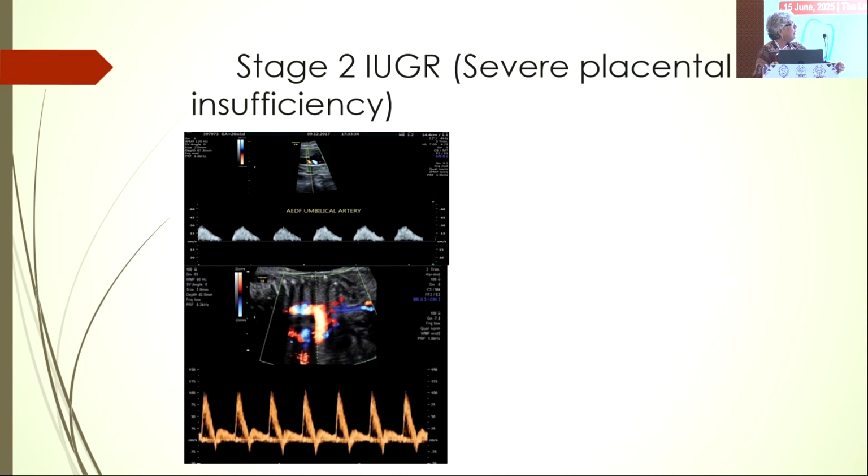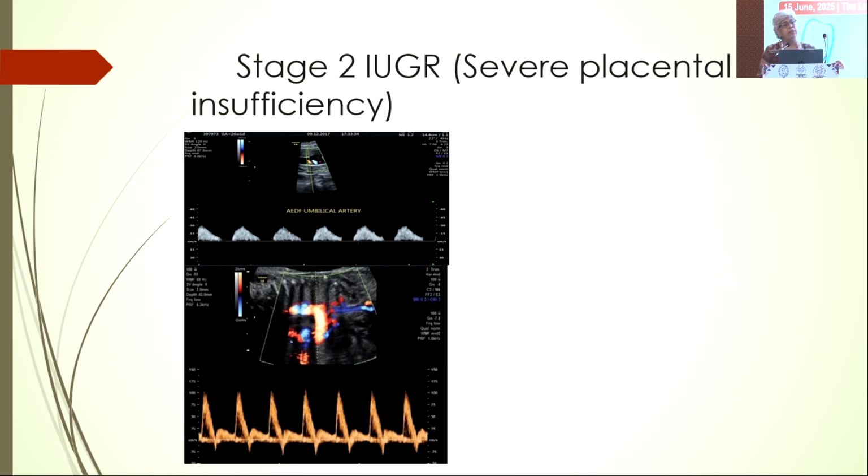The next stage is stage 2 IUGR. The second stage is actually severe placental insufficiency, and as we already saw in the previous picture, the umbilical artery severity will get increased, and what we are seeing here is absent end diastolic flow, and this is the aortic isthmus vessel where we are getting the reverse diastolic flow.